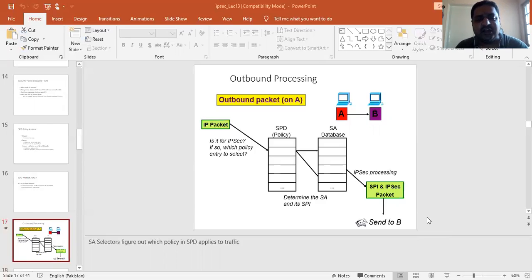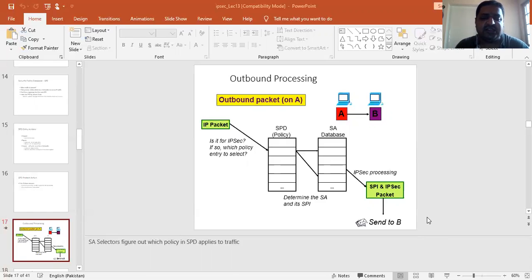Then we use tunnel mode when we are sending the data from a host residing in one network to another host that is residing in another network.